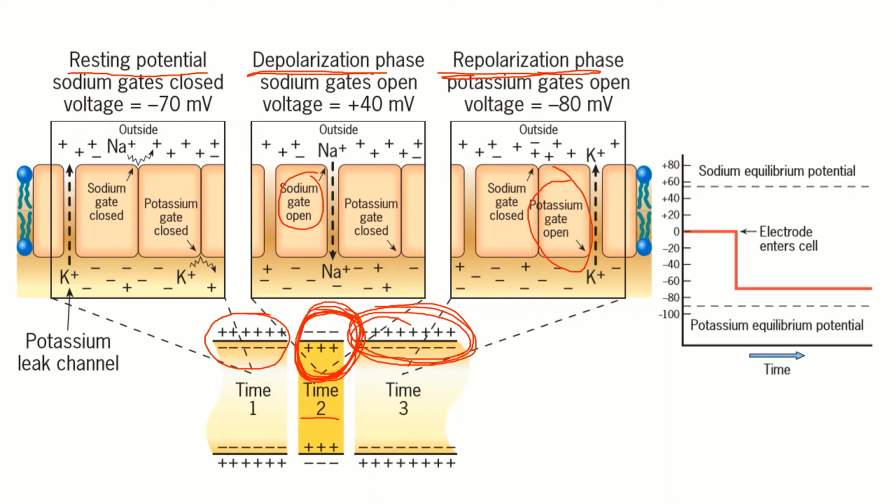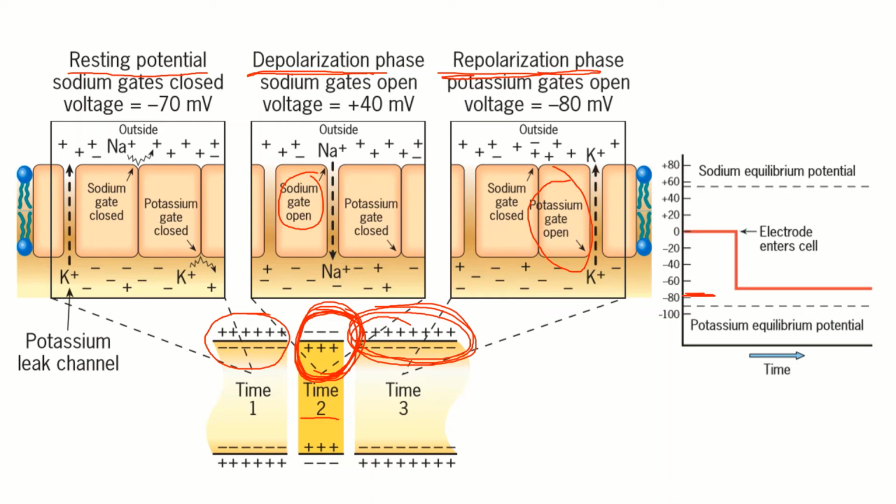Okay? So, if we try to illustrate this in a graph, in time 1, because the potassium leak channel is always open, the potassium equilibrium potential is almost always achieved. So this is where the graph will be in time 1.